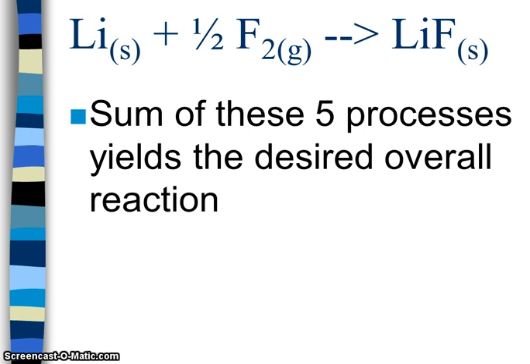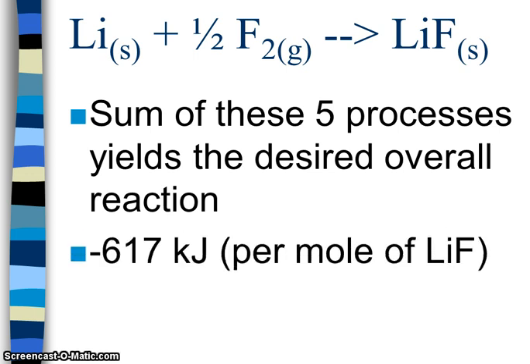So we've got 161 plus 520 plus 77 minus 328 minus 1047, and we get negative 617 kilojoules for every mole of lithium fluoride that's formed from its elements. It's a negative sign, which tells us that we're looking at a favorable process. Energy is released during that process.